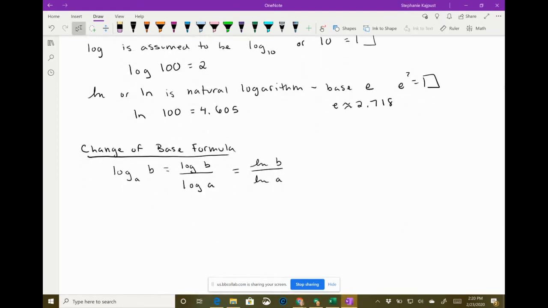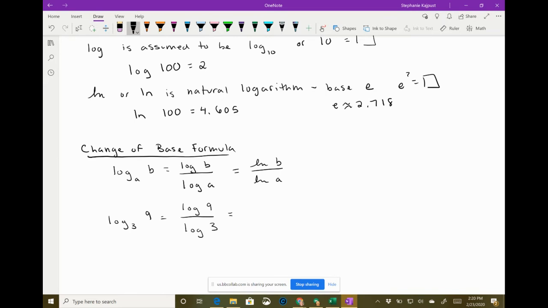So an example of using this: if we had log base 3 of 9, the one where we should get 2, you would instead do the log of 9 divided by the log of 3. Normally when we do logs, we'll do them one at a time.